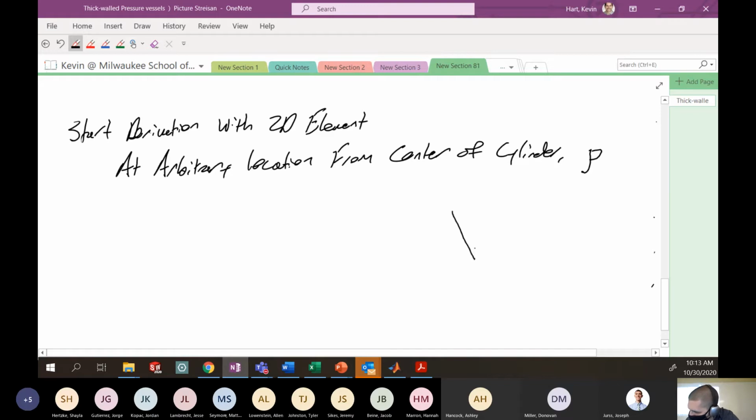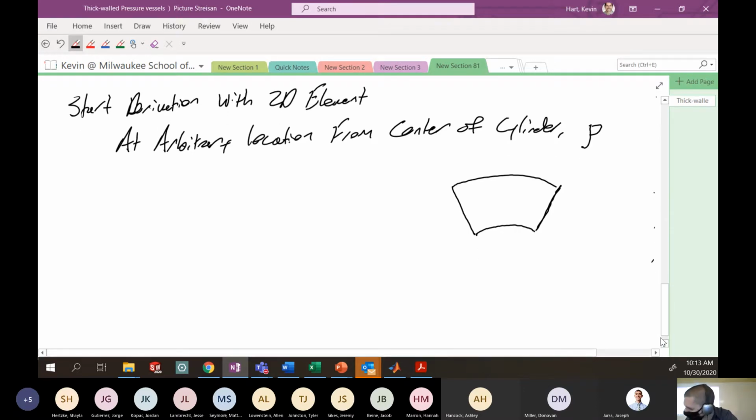So here it's going to look something like this. This is pointing back to the center of the cylinder here. And I might call this the origin or the center point O. And so this distance here is the distance that I'm referring to as rho.